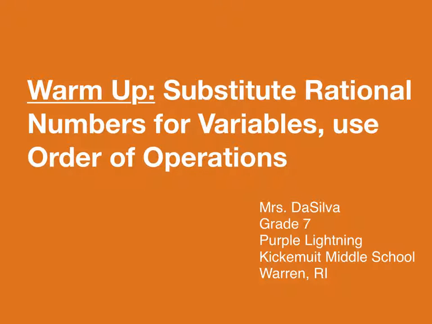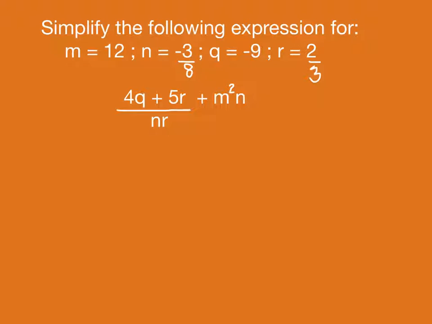So today we're going to carry on substituting those rational numbers into the variables and, of course, applying the order of operations as we solve those problems. So the first thing we need to do, as always, is substitute in for those variables.